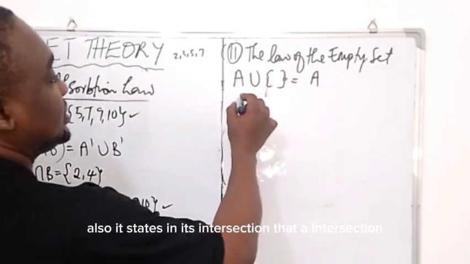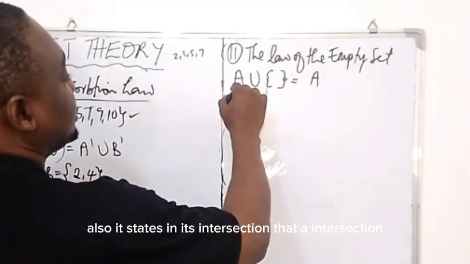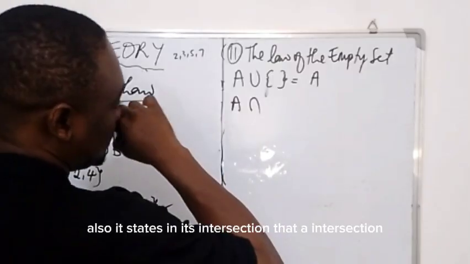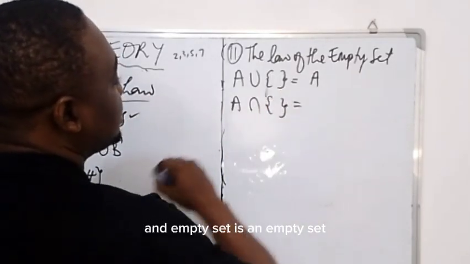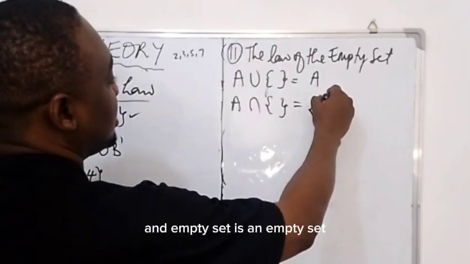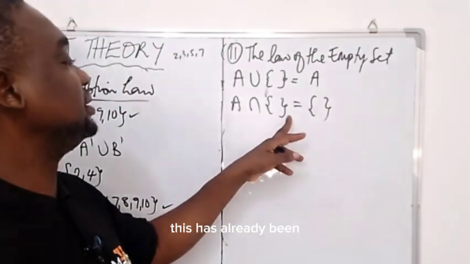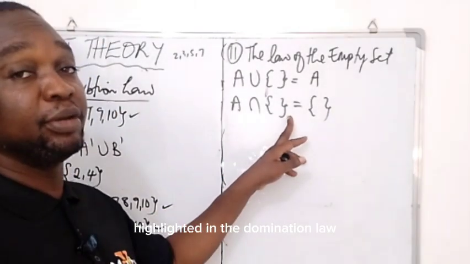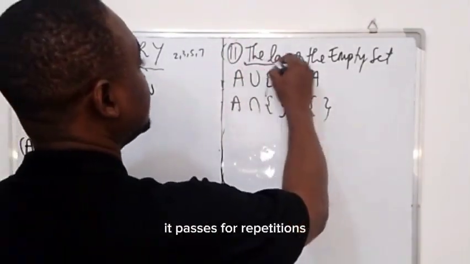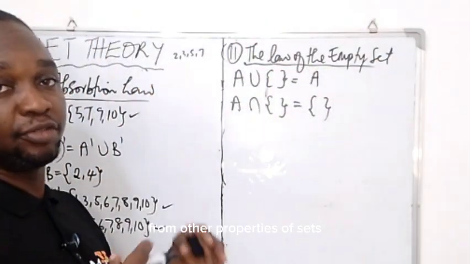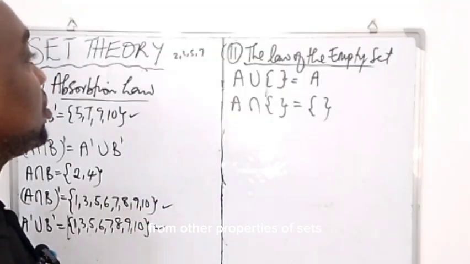Also, it states in its intersection that A intersection an empty set is an empty set. This has already been highlighted in the domination law. So this particular law, for me, passes for repetitions from other properties of sets.